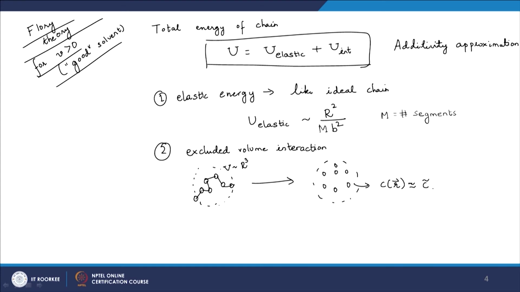That means the concentration is the same everywhere, and then it must go like M by R cubed, that is the number of segments per unit volume. Again, we do not care about the prefactors. So, we ignore connectivity.